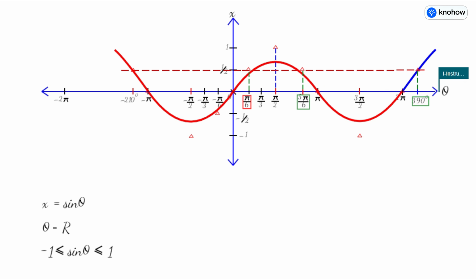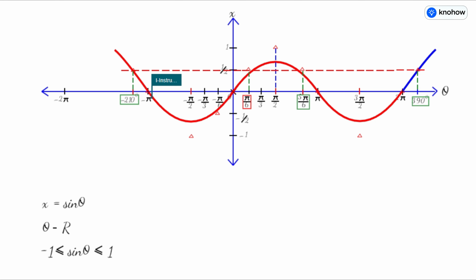Similarly, on the left side, it intersects at this, which is minus 210 degrees, and so on. So there are many angles for which the value of sine theta is half.